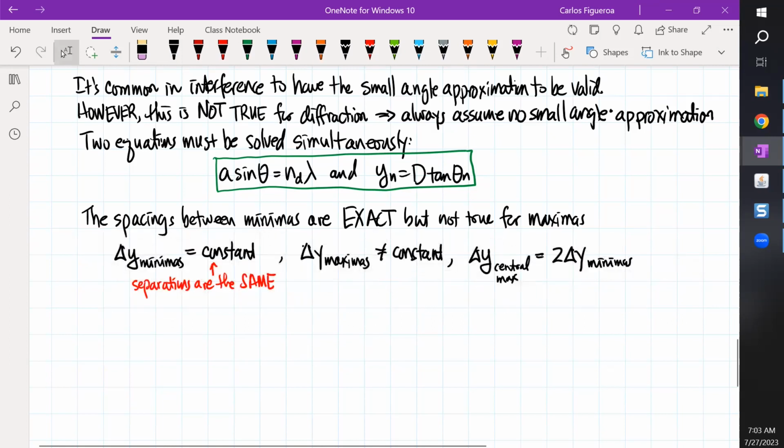So now let's talk about how we calculate the number of minimas. So if we look at this, let's look at 3 here.